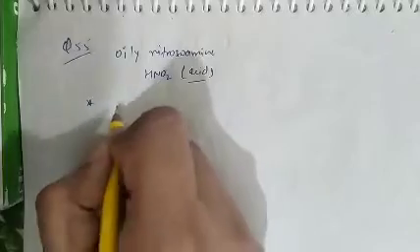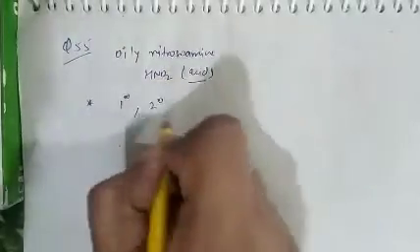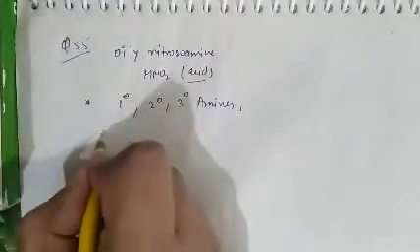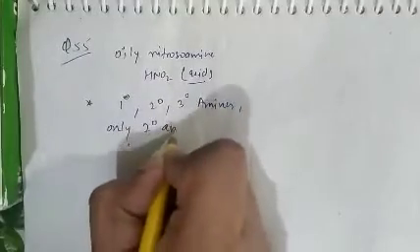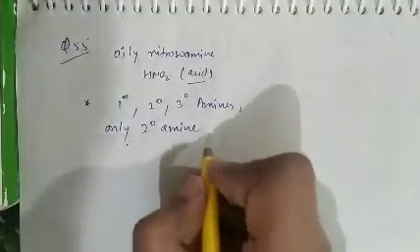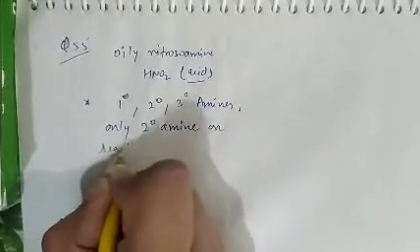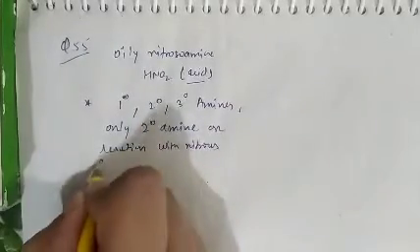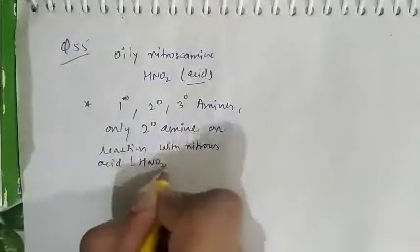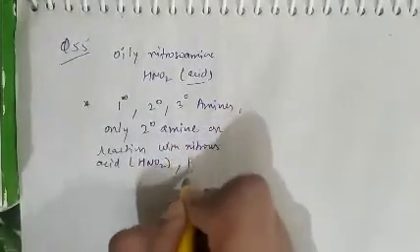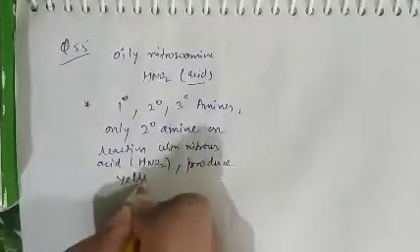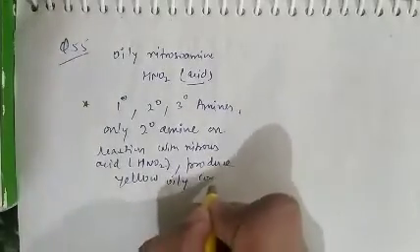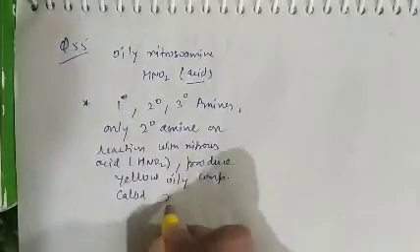As we know, among 1 degree, 2 degree and 3 degree amines, only 2 degree amine on reaction with nitrous acid, which is HNO2, produces a yellow oily compound called nitrosamine.